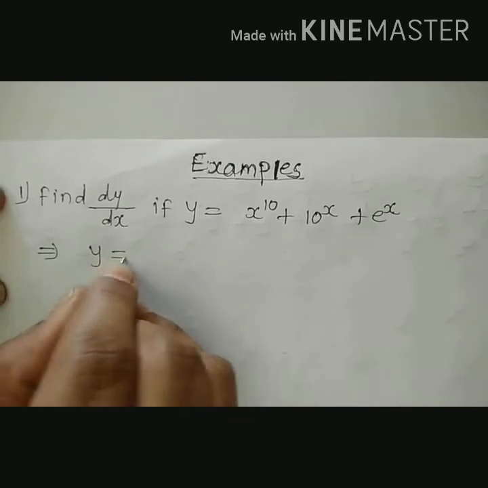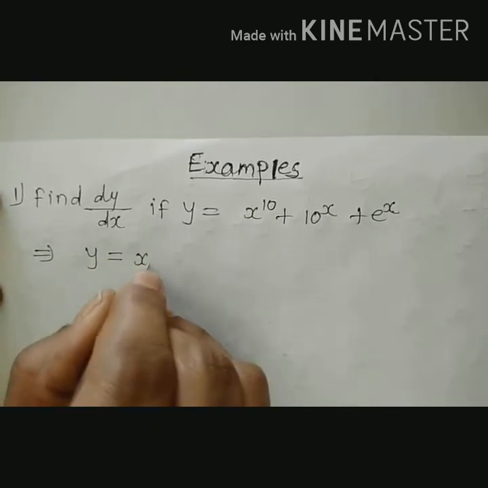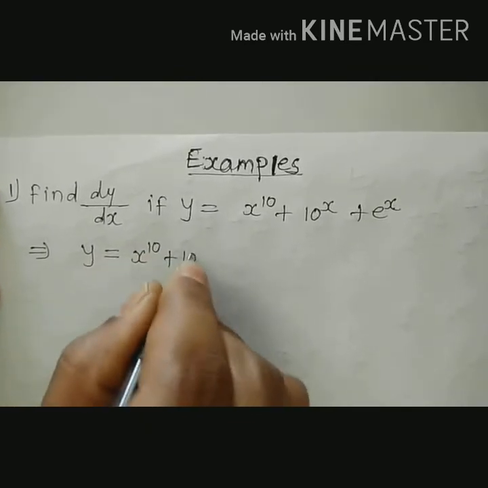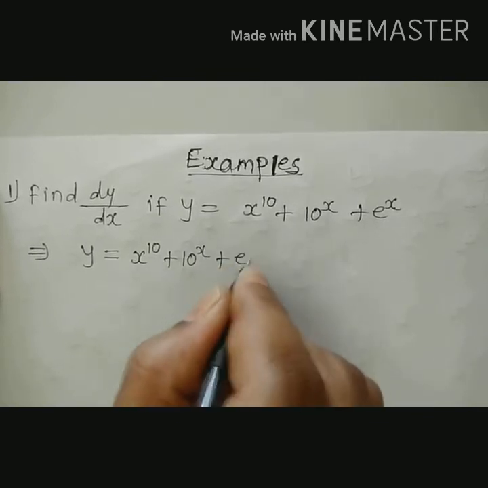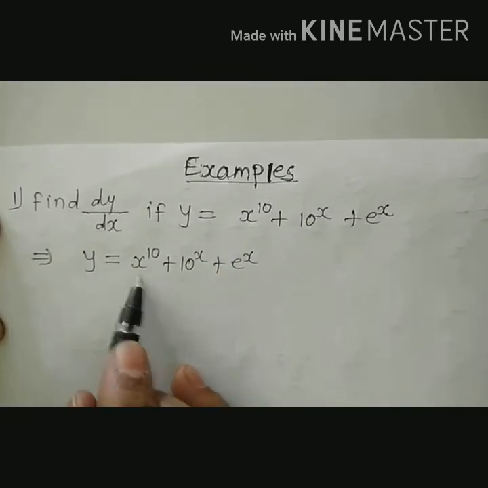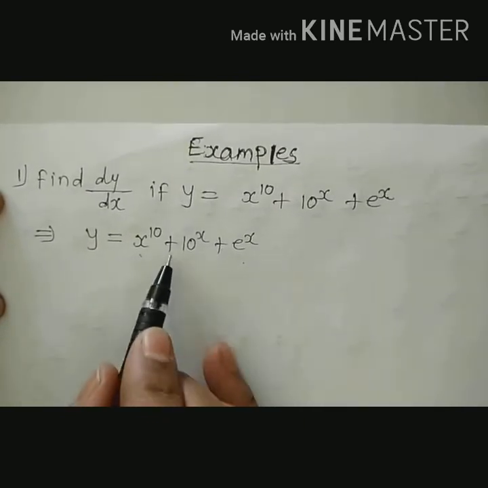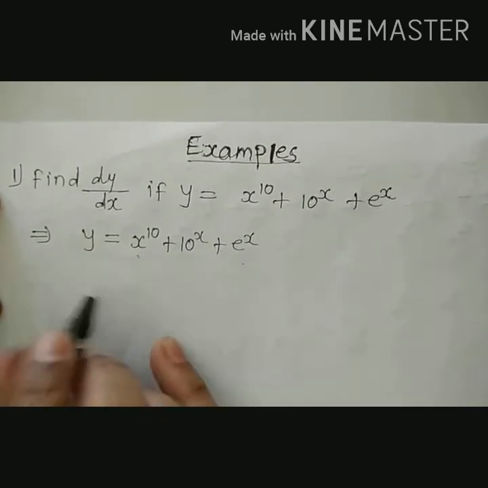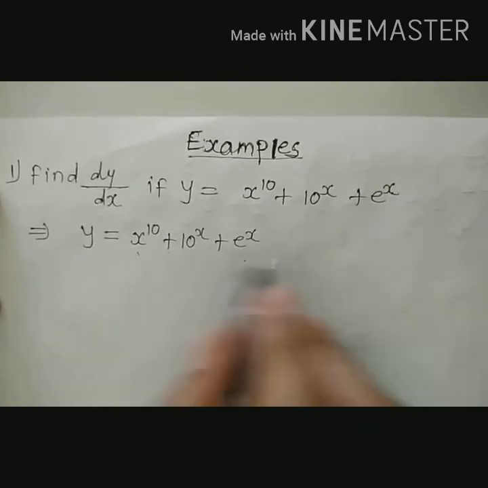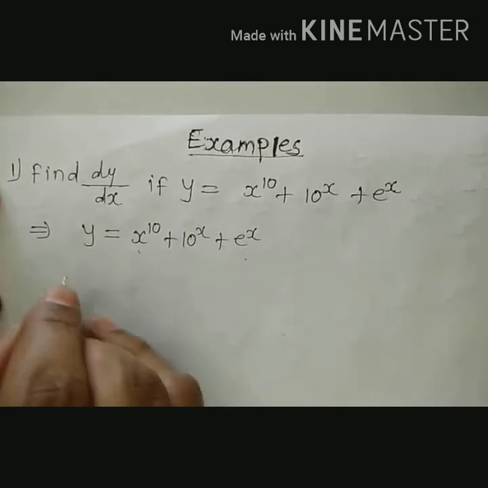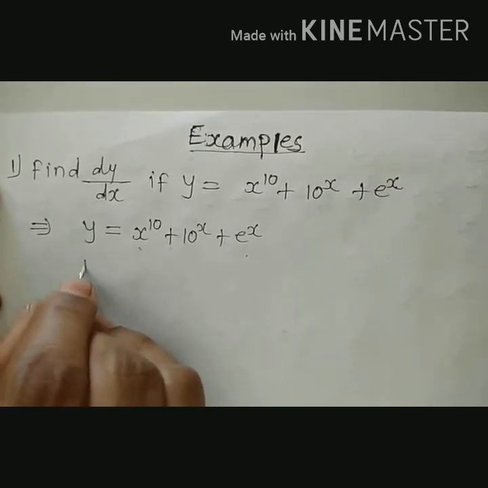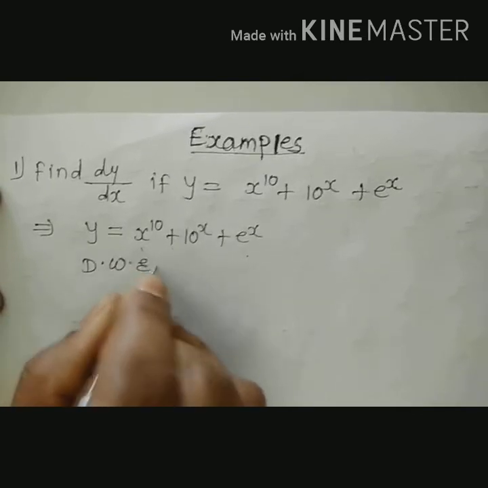First, given is y equals x raised to 10 plus 10 raised to x plus e raised to x. Now here are three functions, and between them is a plus sign, meaning addition. When it is the sum of derivatives, then differentiate separately. Therefore differentiate with respect to x.